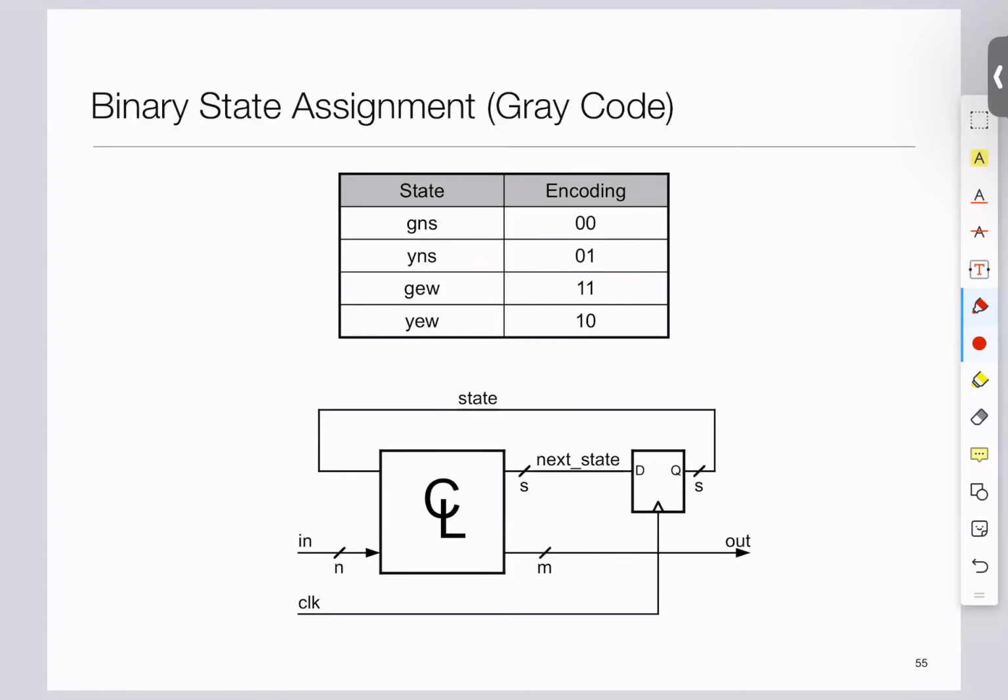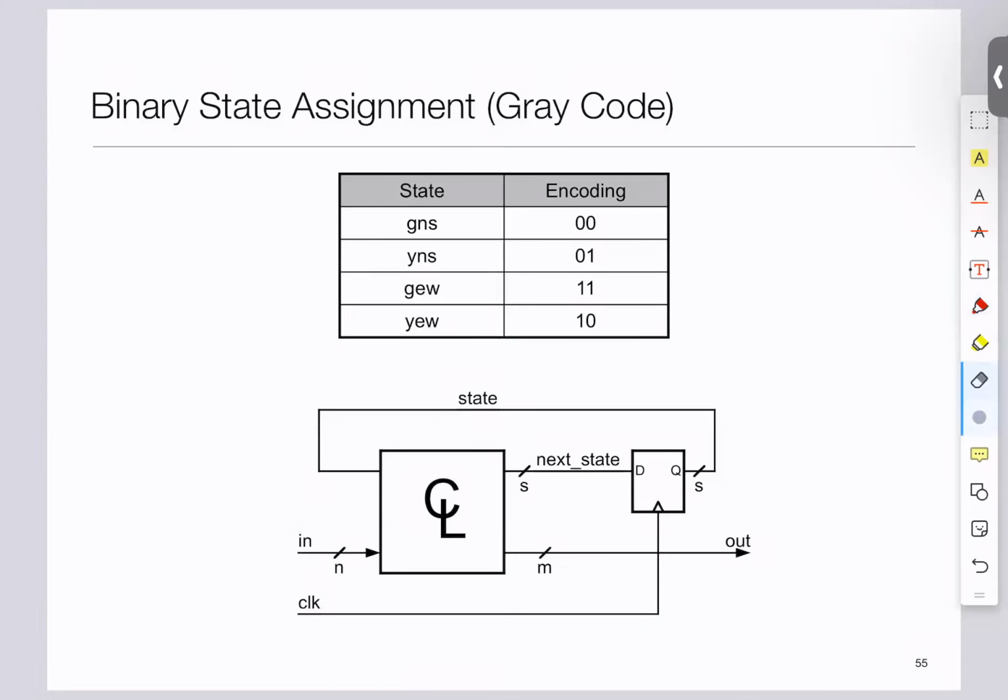Firstly, you'll need to optimize the combinational logic, but the other thing is we have to figure out how to assign the states. I have 4 possibilities, 00, 01, 10, 11, and I have 4 states. So I can assign any to any. How many different ways do you think I can assign the states?